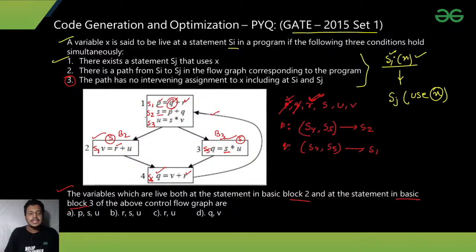Here in statement S2 we find an assignment. After that, in statement 3 the value is going to be used, that is fine, but it is using the value assigned in statement 2. It means that it is violating our third rule. So the variable S is also not live here.